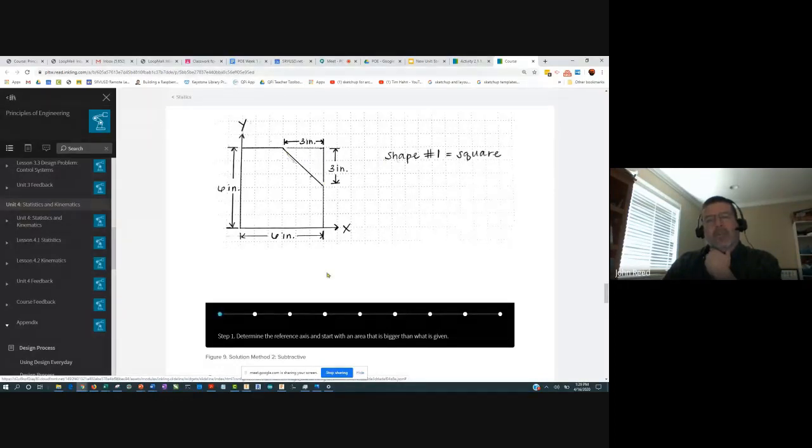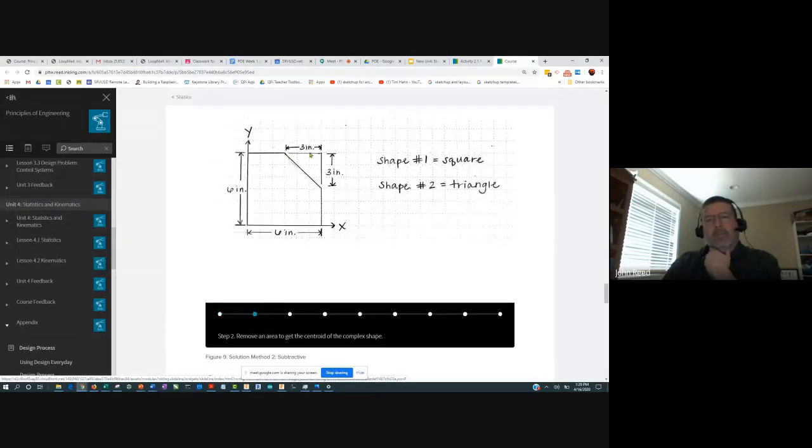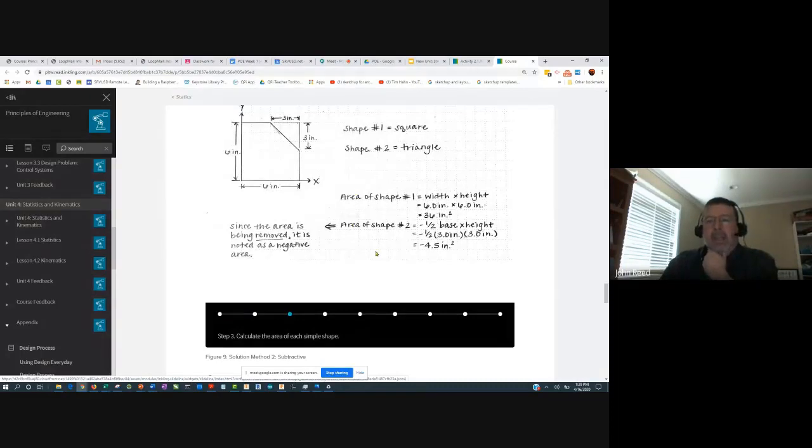So shape 1 is a square, shape 2 is the triangle with negative area. And since the area is being removed, it is noted as a negative area. Kind of counterintuitive. We don't typically think of a negative area, but that's the way we want to look at this. So this would be the subtractive method.